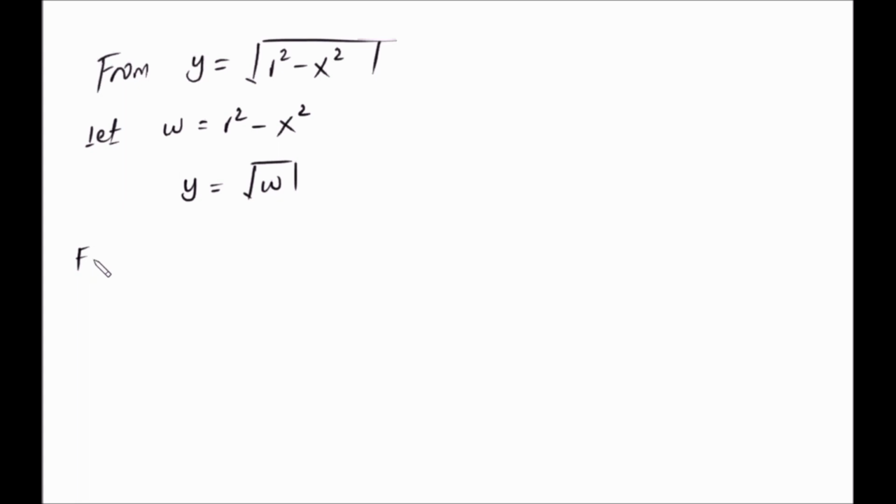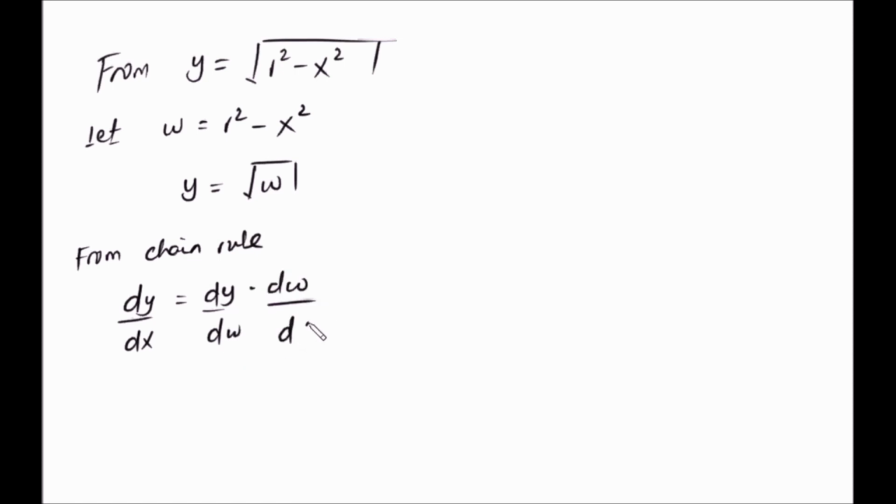Kwa hiyo sasa by chain rule, tulisema dy dx sasa na dy dw times dw dx. Kwa hiyo dy dw from y sasa na the square root of w, hapo dy dw tunaijua huwa ni 1/2 the square root of w.